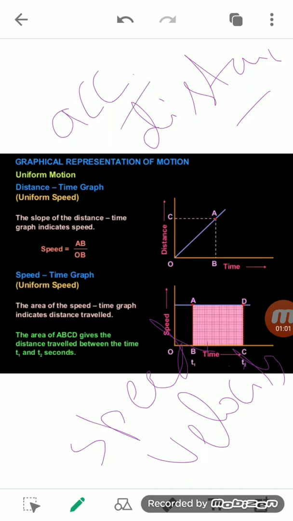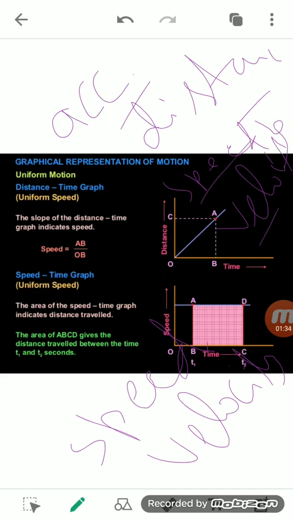While discussing these things, a very important point to be remembered is that while drawing a graph, the terms speed and velocity that we use have the same meaning. Okay, at some places we use speed, at other places we use velocity, but when we are talking about graphs, both of them have the same sense.